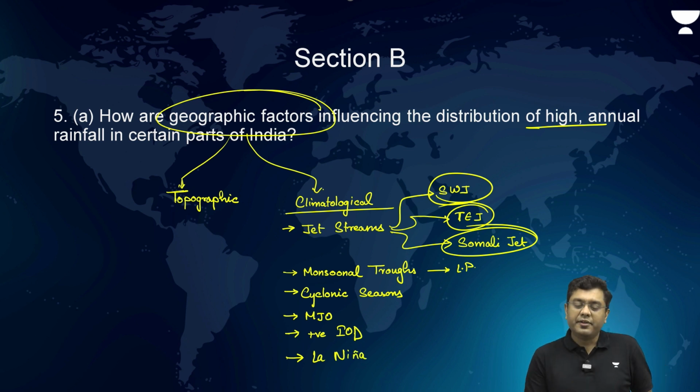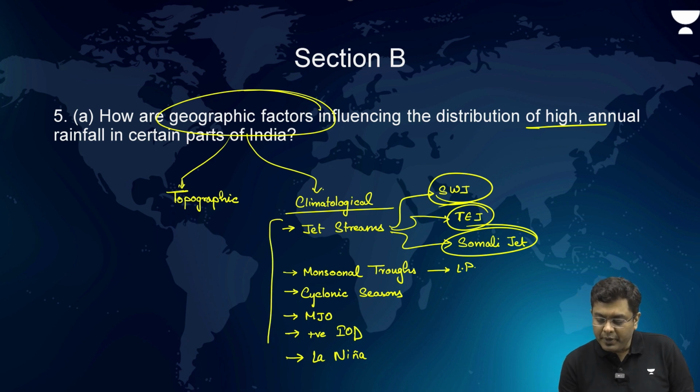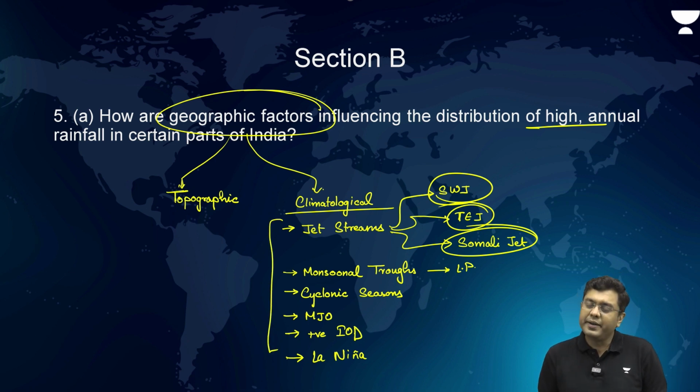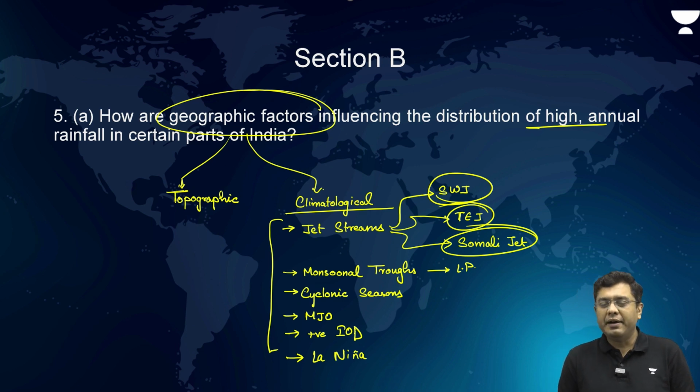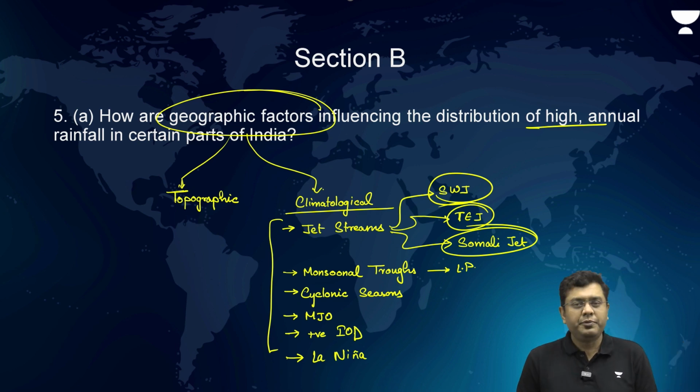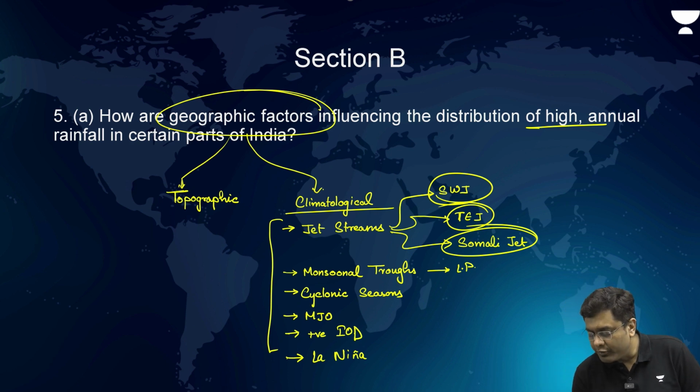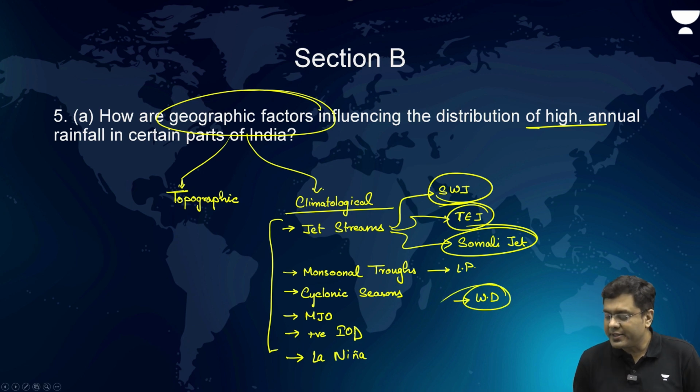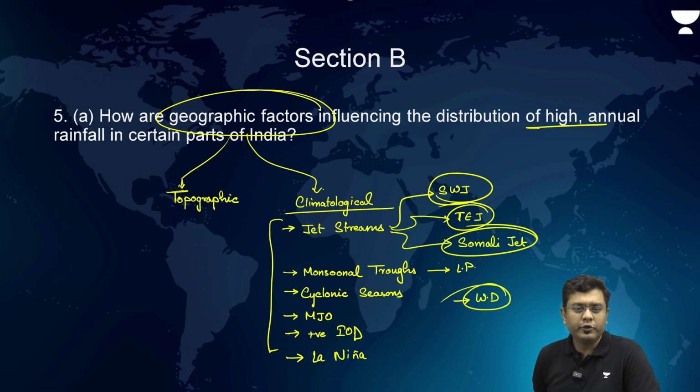Okay, these are the factors which are responsible for the sudden increased amount of rainfall and the high average amount of rainfall experienced in India. Then you also have factors like western disturbance. Western disturbance is also responsible. So, all of this could be elaborated easily.